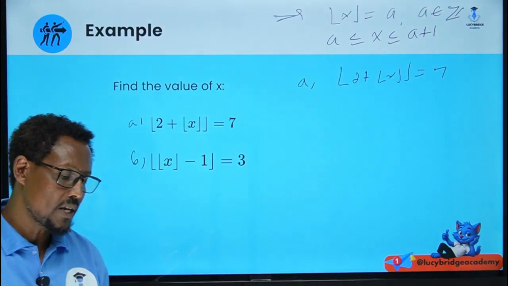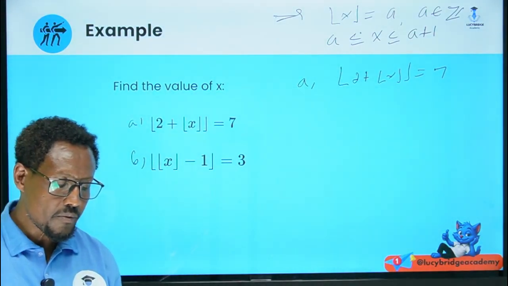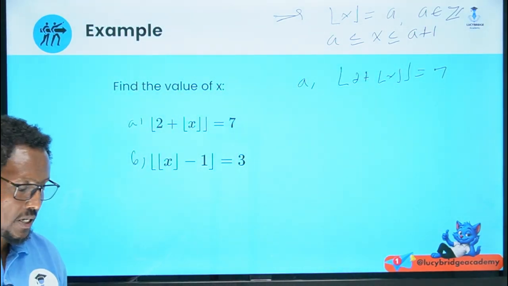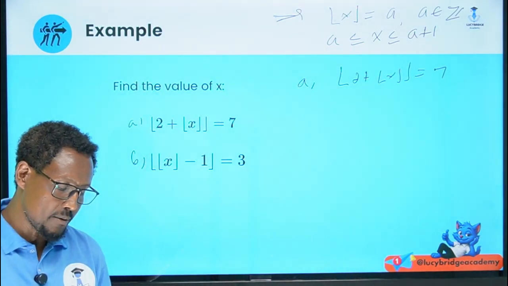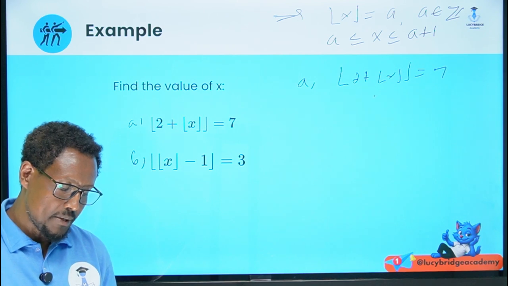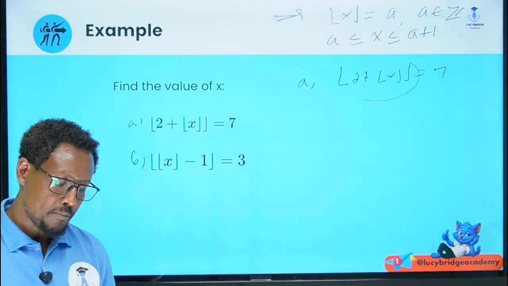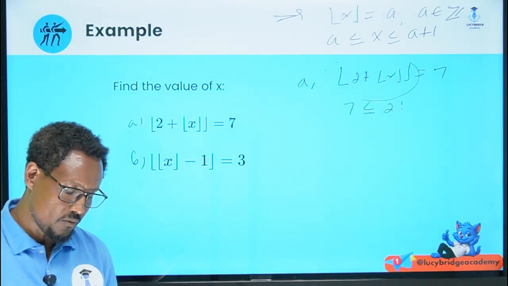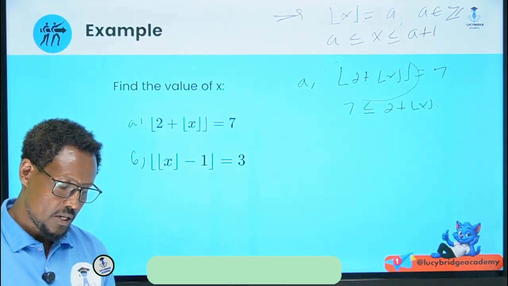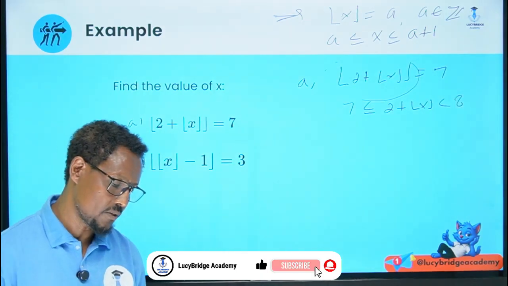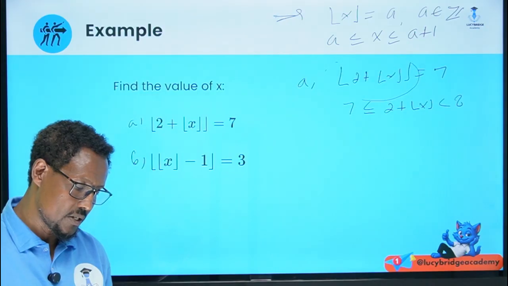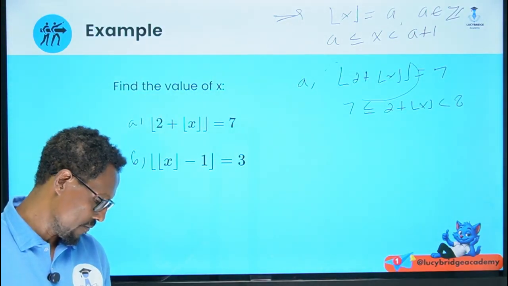For example, if a is 5, x is between 5 and 6, since 5 plus 1 is 6. This means 2 plus floor of x is between 7 and 8: 7 less than or equal to 2 plus floor of x less than 8. Here it does not include a plus 1.